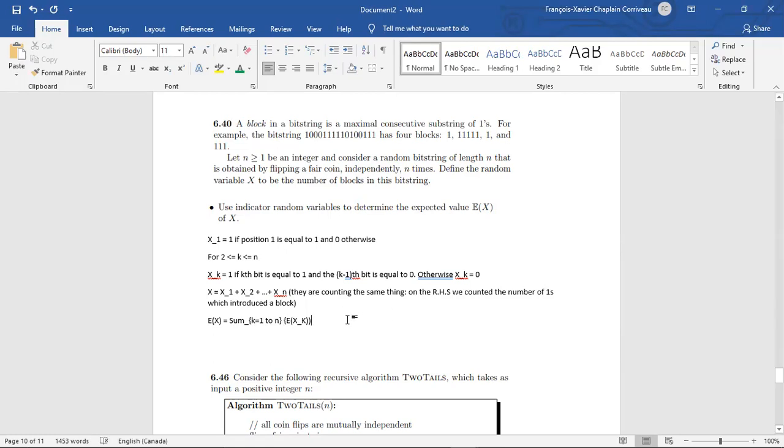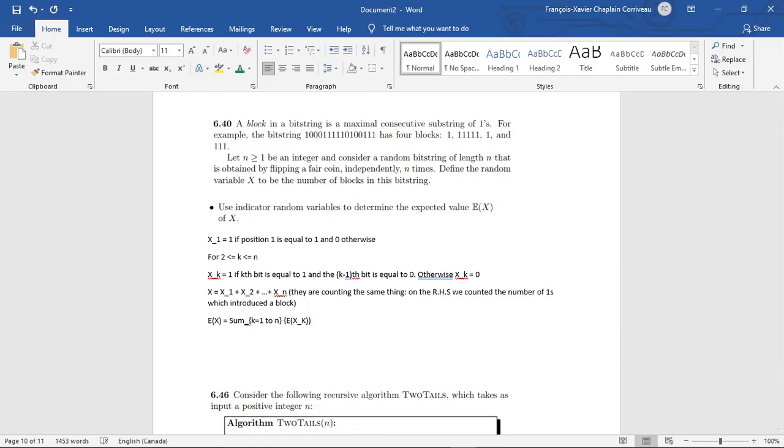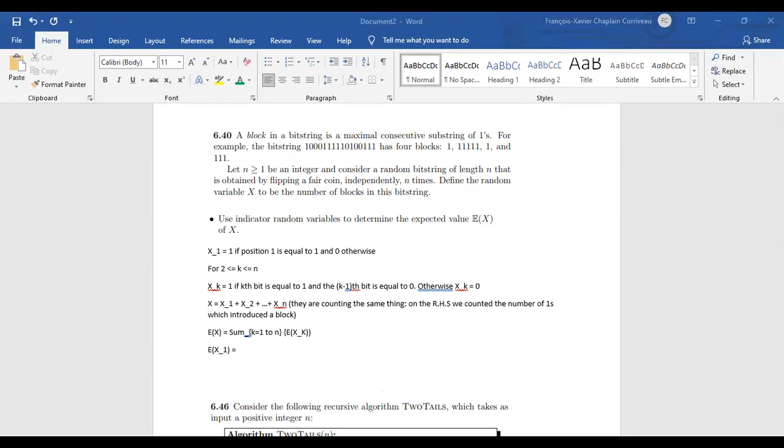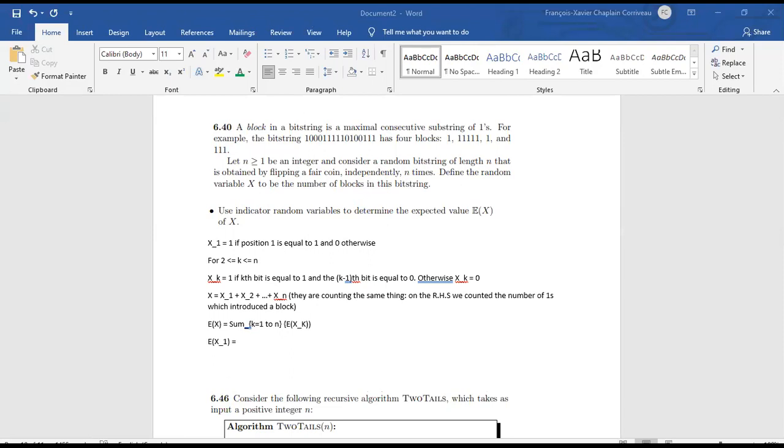What are these expected values? These expected values are easy to deal with, right? The expected value of x1 is equal to what? What is the probability that my first bit is 1? As you said, it's a half.